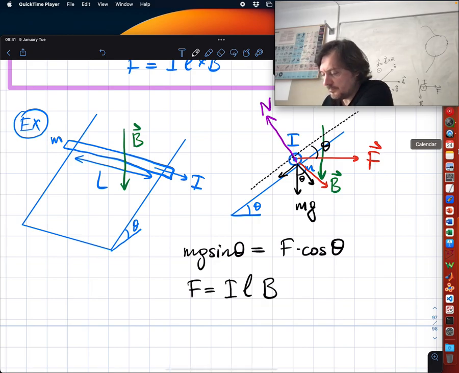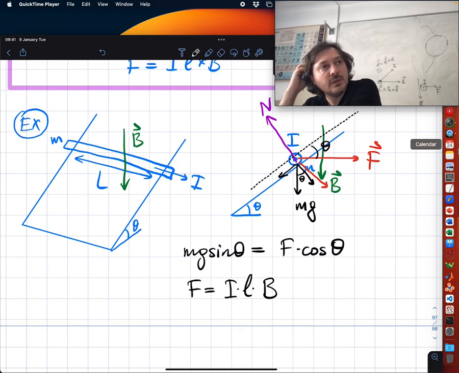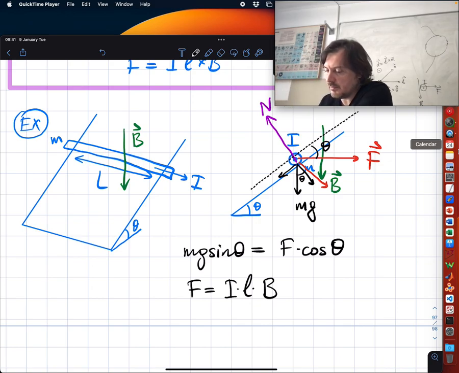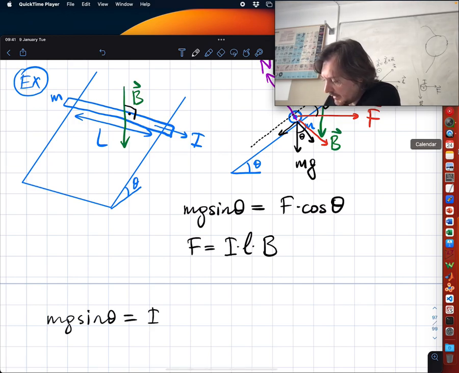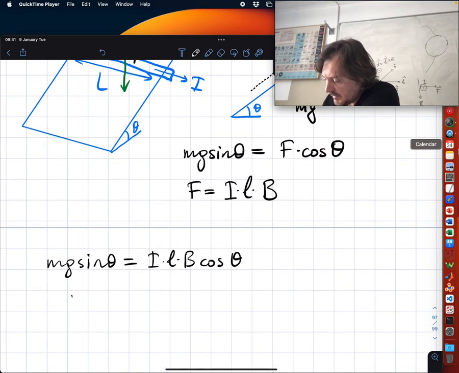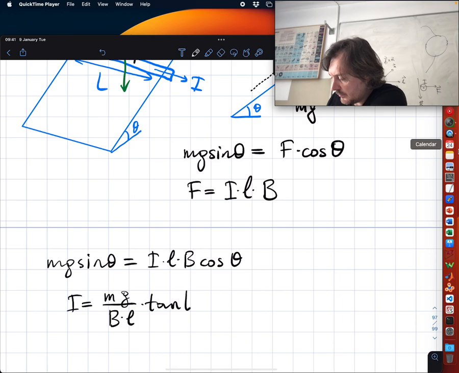What is F? ILB. Why is there no sine theta at the end? It's perpendicular. B and I are perpendicular, right? So I have mg sine theta equals ILB cosine theta. I is mg over LB tangent theta.